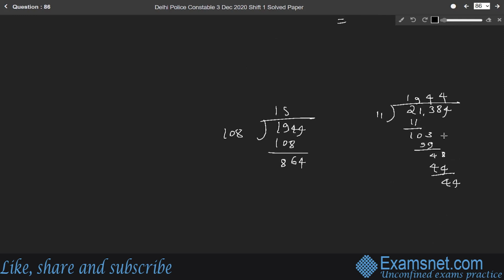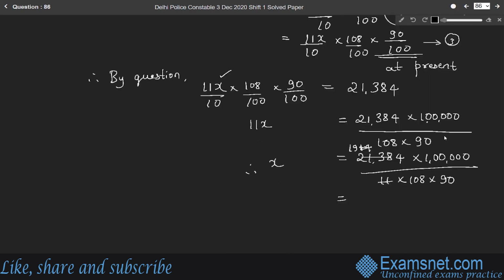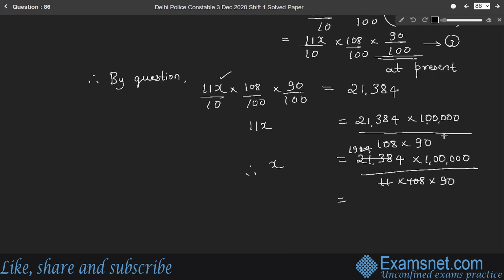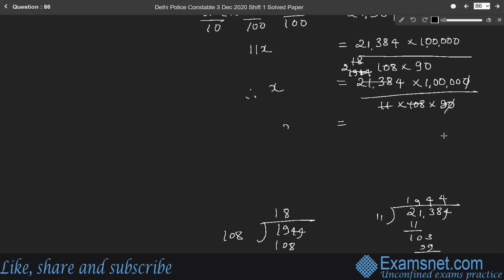864 into 8, so it becomes 18. 1 0 we can cancel here, and 2. Therefore, x is 2 into 10,000, which is 20,000.